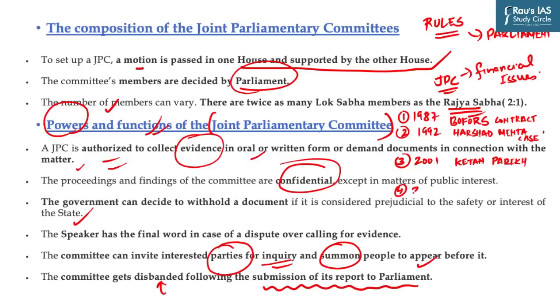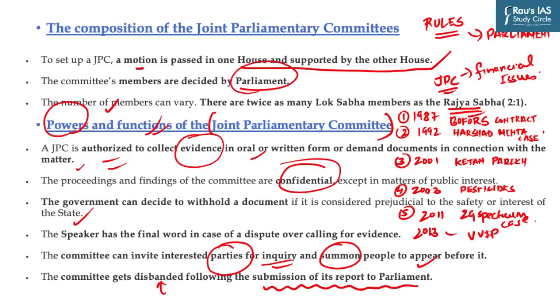Again, a Joint Parliamentary Committee was formulated in the year 2003 on safety guidelines related to the issue of pesticides in soft drinks. And the fifth Joint Parliamentary Committee was formulated during the UPA 2 tenure in 2011 related to the 2G spectrum case. In 2013 also, a Joint Parliamentary Committee was formulated to investigate the infamous VVIP chopper scam.